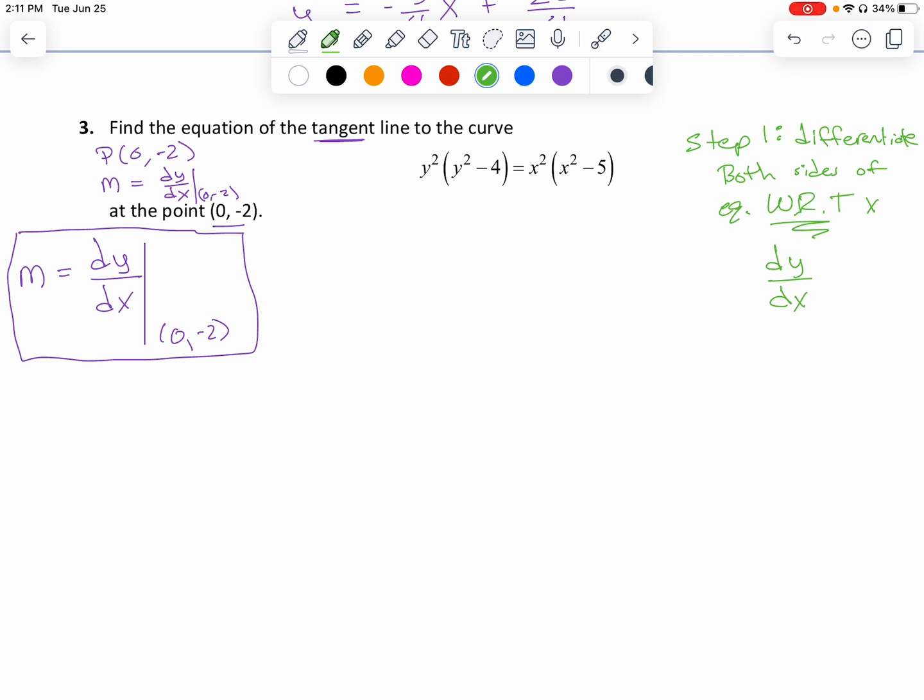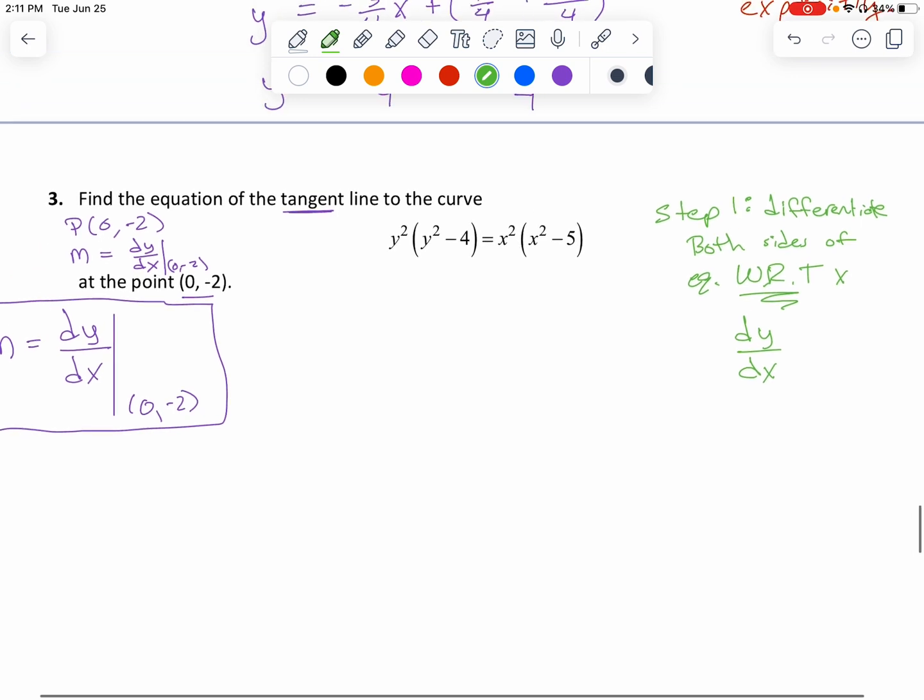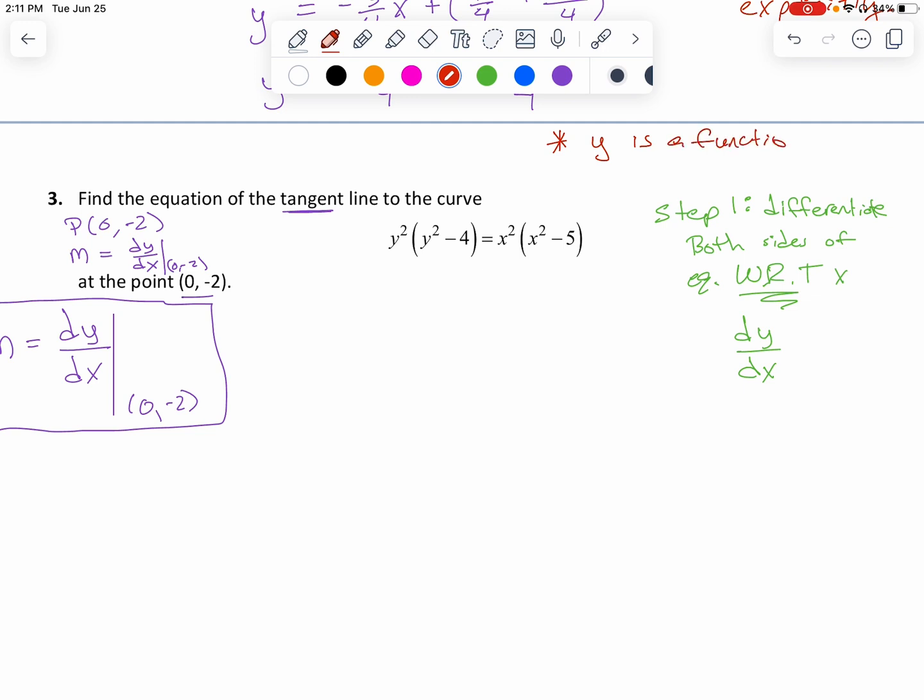That "with respect to x" is very important because we're looking for dy/dx, which means if we don't explicitly see the x, we're dealing with the chain rule and a function of x. Remember that y is a function of x. y is equal to some function of x. We don't have that function defined explicitly, but it is a function of x.